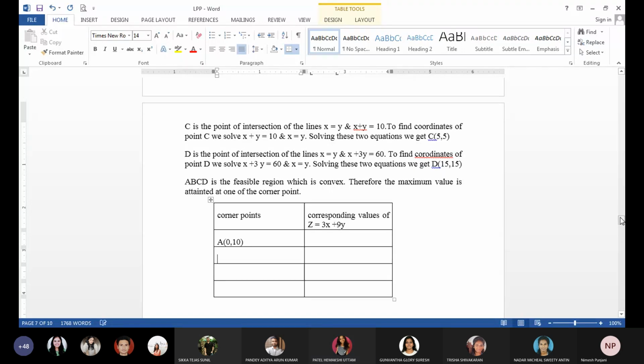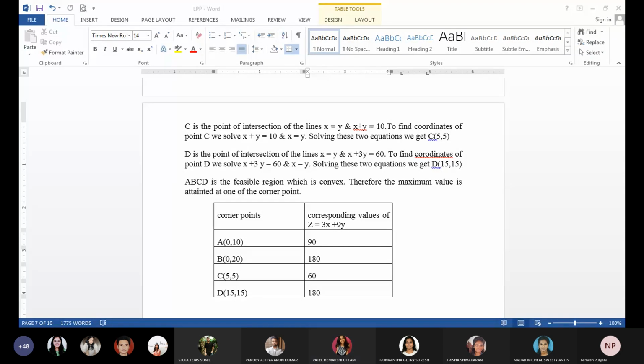B, I think, is 0, 20. C is 5, 5. D is 15, 15. These are the 4 corner points. Then you have to find the value of the objective function at these 4 corner points. So the first answer will be 90, 180, 60, 45 and 135. So 135, 180. Check whether you get these values.